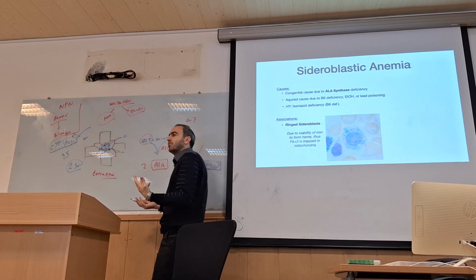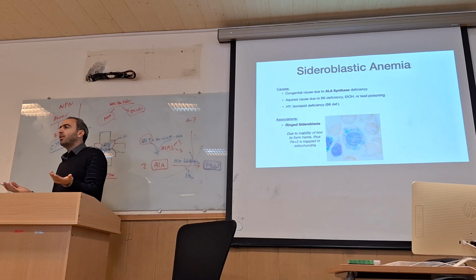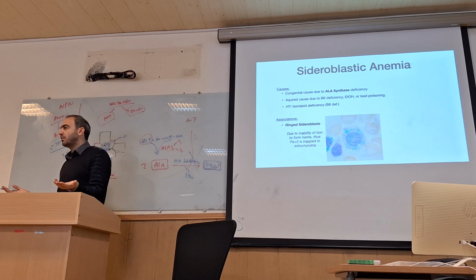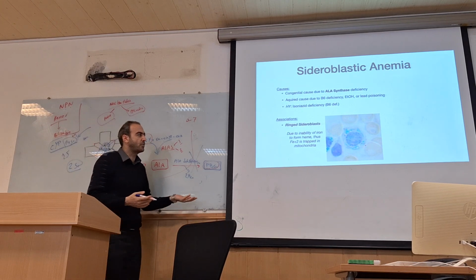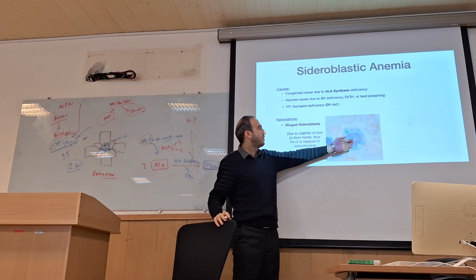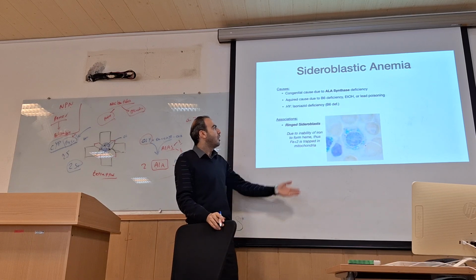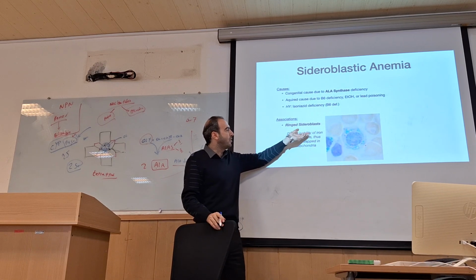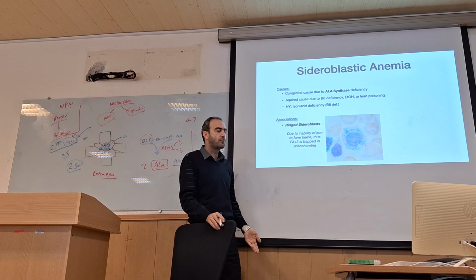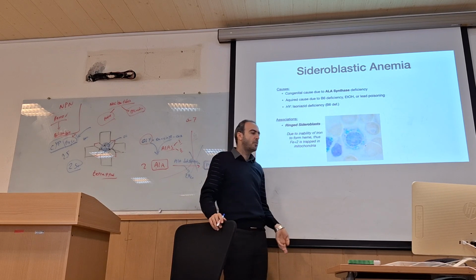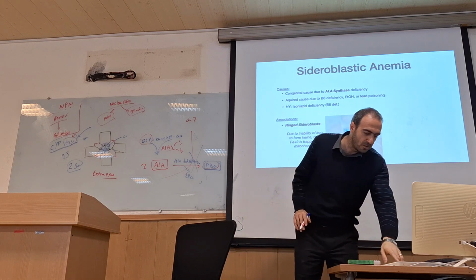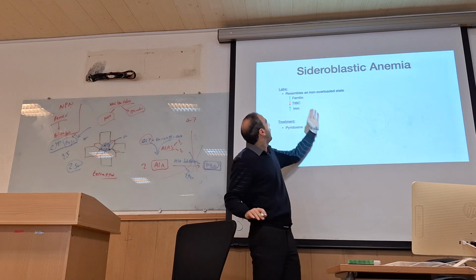The iron amount is enough, or even too much, and it accumulates. Why? Due to the inability of iron to form heme, it is trapped in the mitochondria and accumulates.